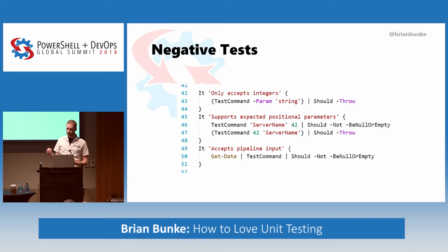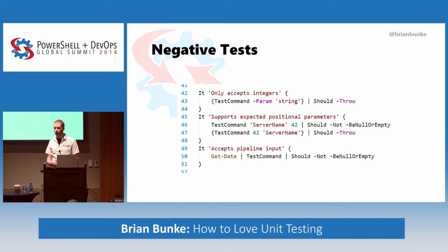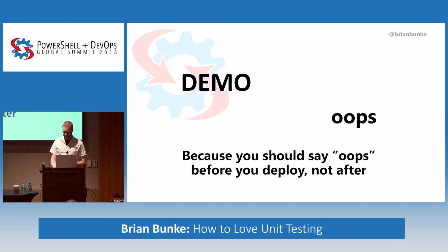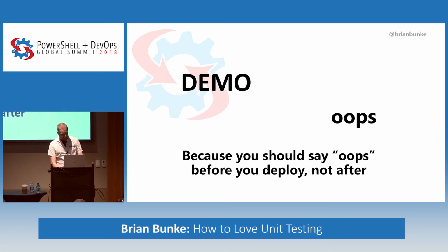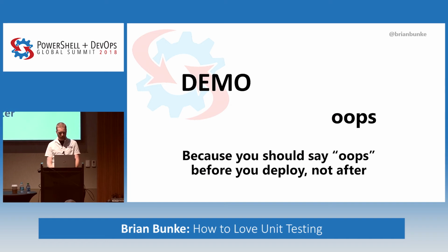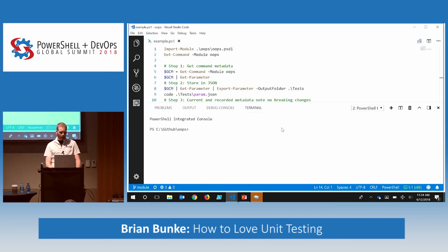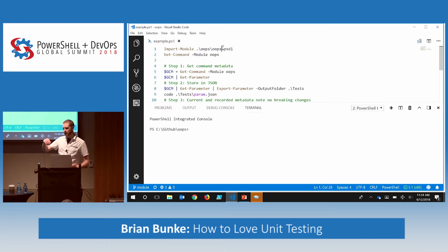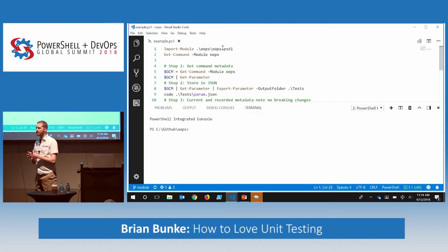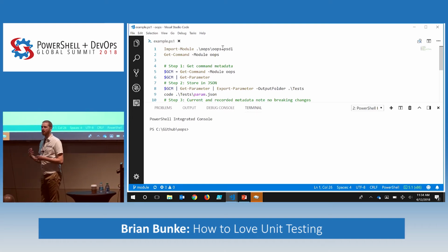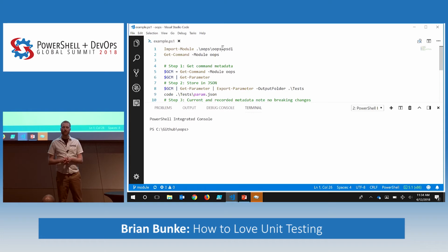So there are many ways you can solve this problem. The way I solved it is by writing a module, and I called it oops, because you should say oops before you deploy and not after. So the idea here is, if your module is at a known good working state, you want to record the relevant metadata of its commands and parameters.